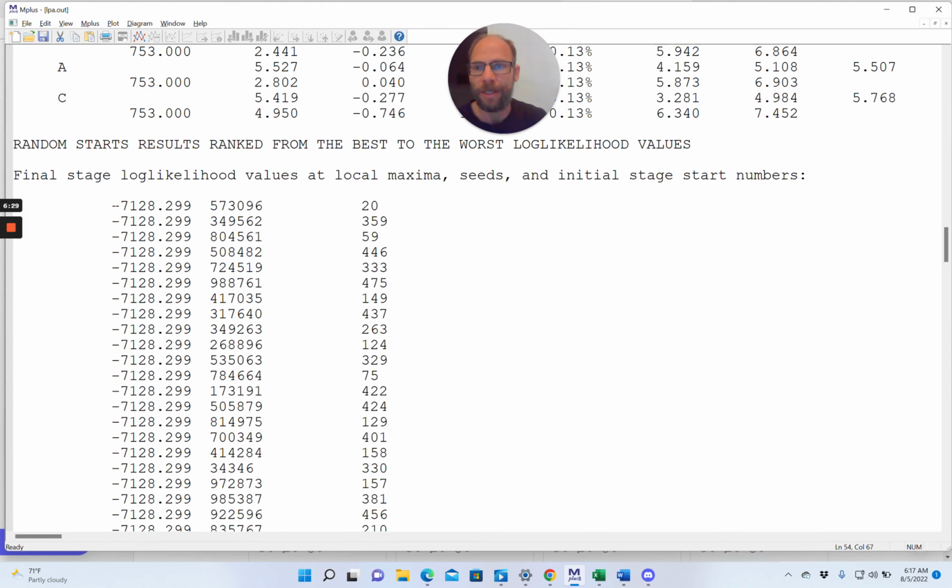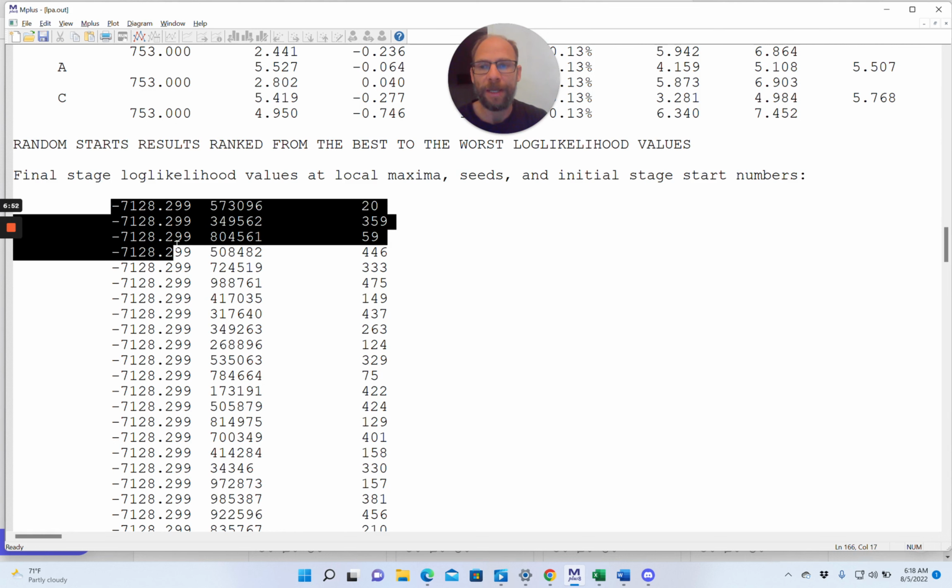And so what is important here is to check that the best log likelihood value that is given in the first column here has been replicated at least a few times with different sets of starting values. You can see here that we ran in this analysis different random starting value sets to see if we could replicate the same solution across multiple sets of starting values, and that was the case here.